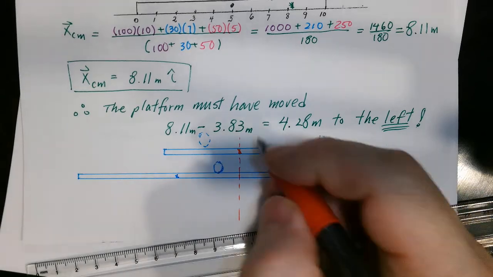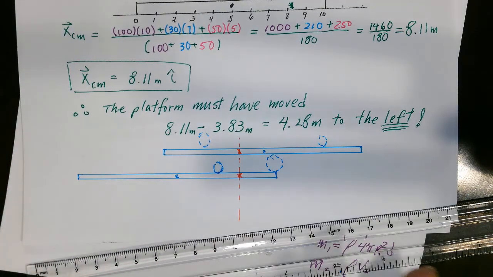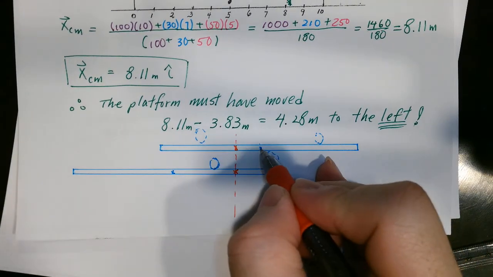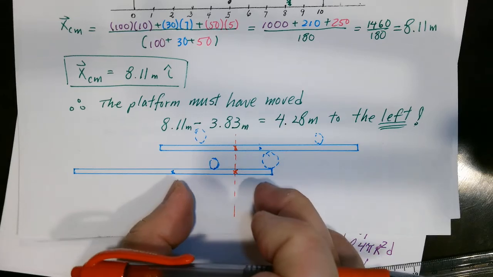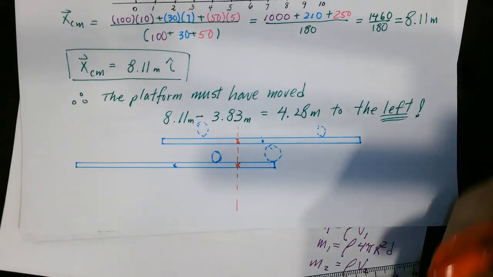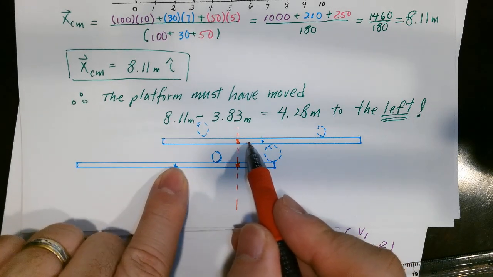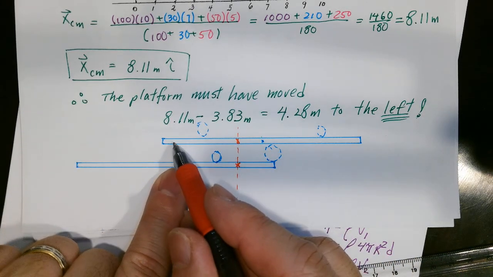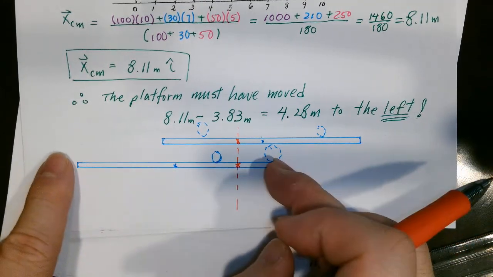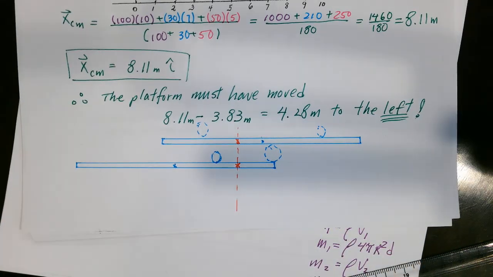This center of mass of the whole system still does not change relative to the outside. So this and this, right? These are the consistent, stable positions here. So this thing shifted 4.28 meters, right? From here, this whole thing shifted 4.28 meters to the left. Okay.